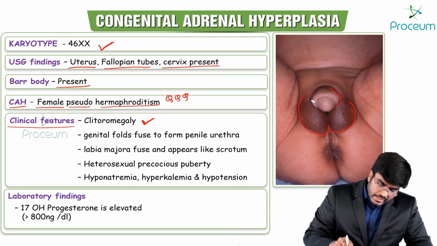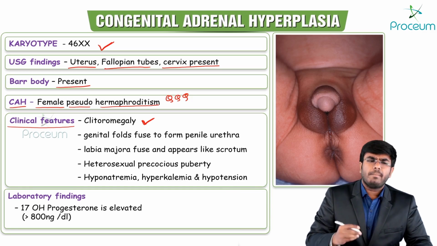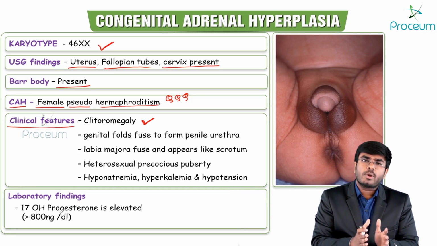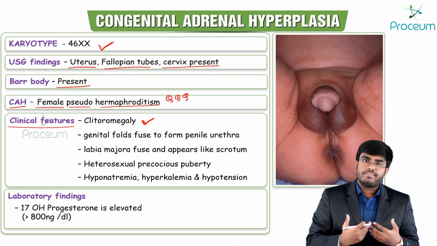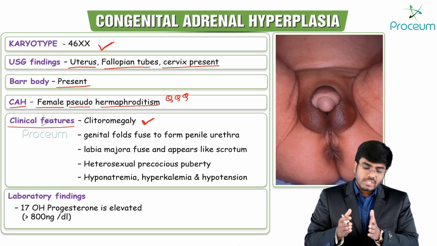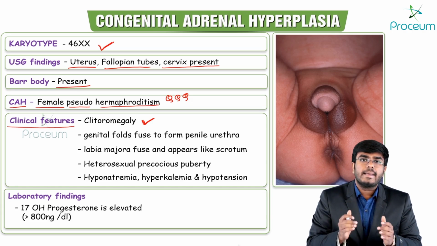So I can say there is virilization in this female child. In a male child, too much androgen is not a problem. There might be precocious puberty in a male child, but in a female child, there is a chance of virilization and ambiguous genitalia.